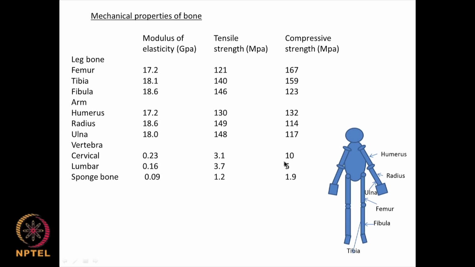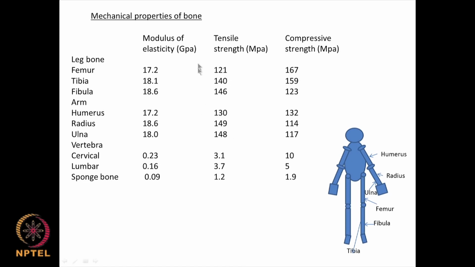The compressive strength also is much lower when compared to the rest of the bones. That is why the cervical vertebra is a very important region where one does not like to put in too much tension or compression, as you can see from this data.